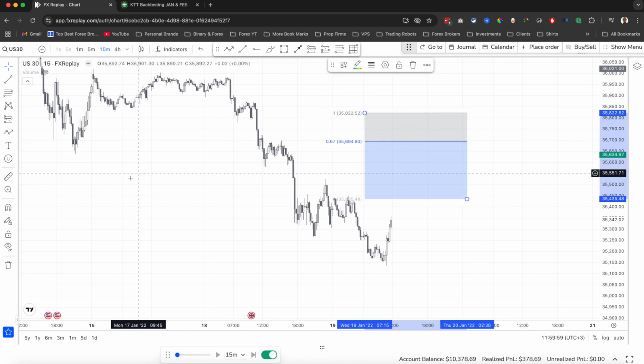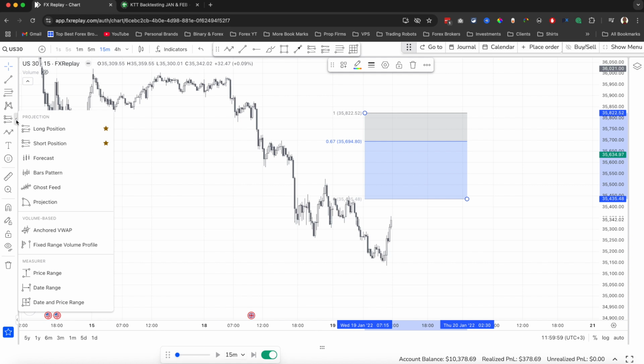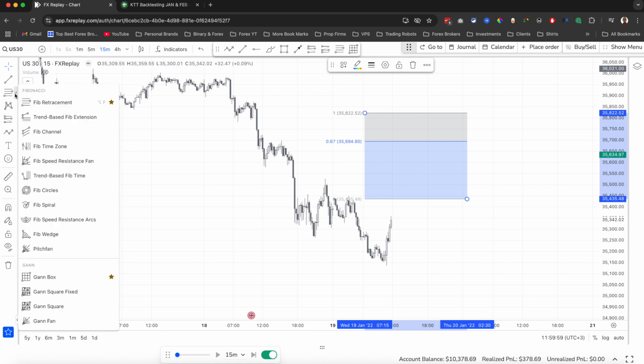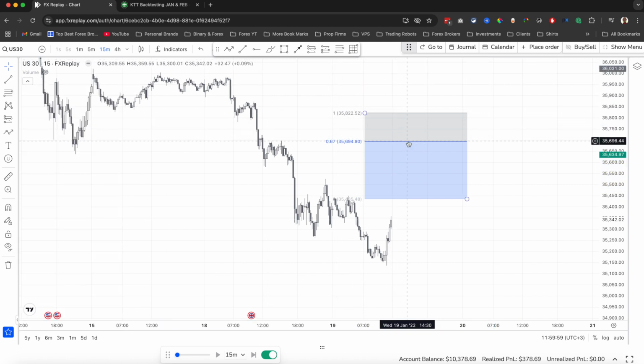If you don't know Fibonacci, you get Fibonacci from here, and let me just show you how you can get it. So this is the Fibonacci. It's called the Fibonacci retracement. I've just favorited it here, and then you go to the settings. These are the settings that I want you to make.